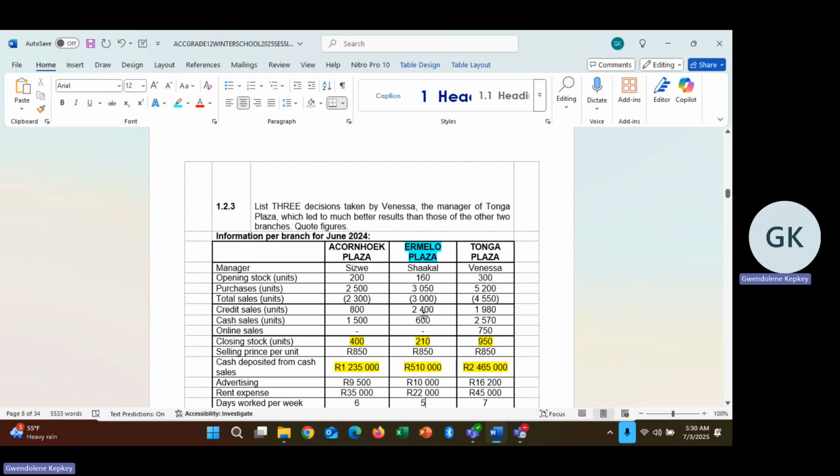So if I take 2,400 items divided by the total sales, I then discover that my credit sales adds up to a whole 80%.